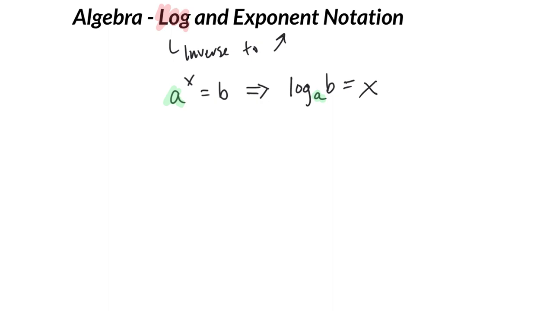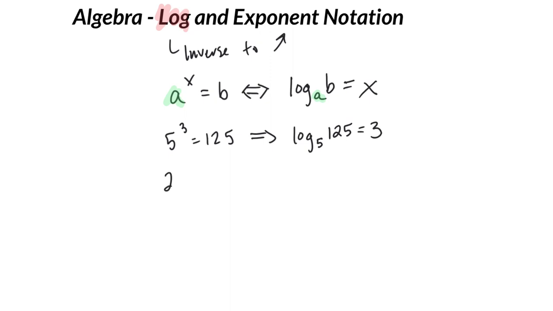Now, this works actually both ways. I'm going to put the double little arrow there. So if I were to say to you, 5 cubed is 125, what would that look like with logs? You'd say, well, log base 5 of 125 is equal to 3.